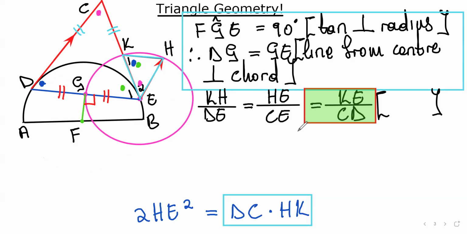Okay, it won't make sense if I do that. Let's say this one and that one. So if you had said it like that, then what would the corresponding sides be? I want you to see. Well, HE is now going to correspond with CD.